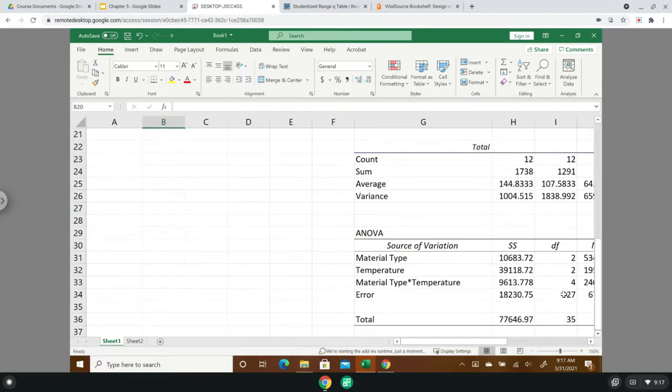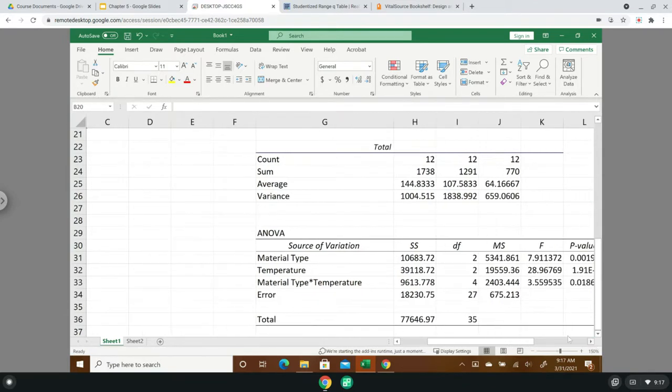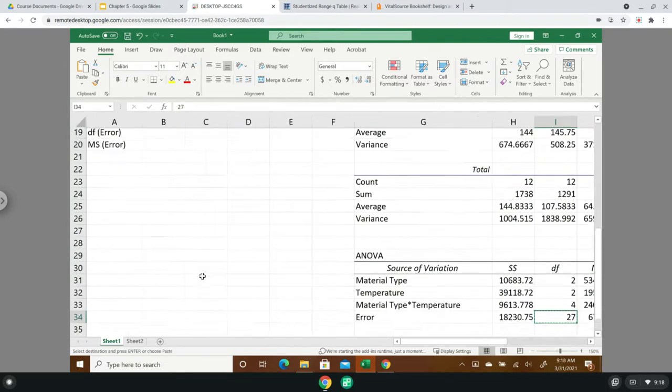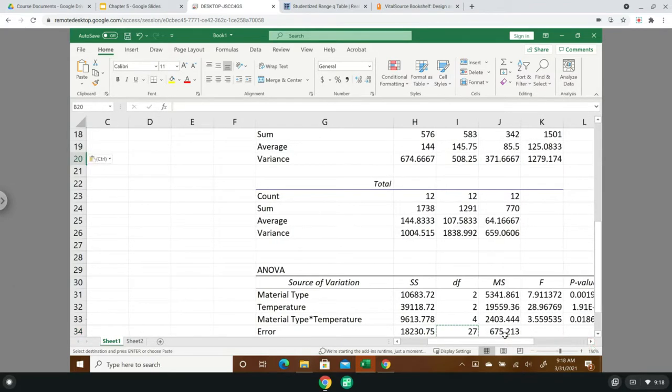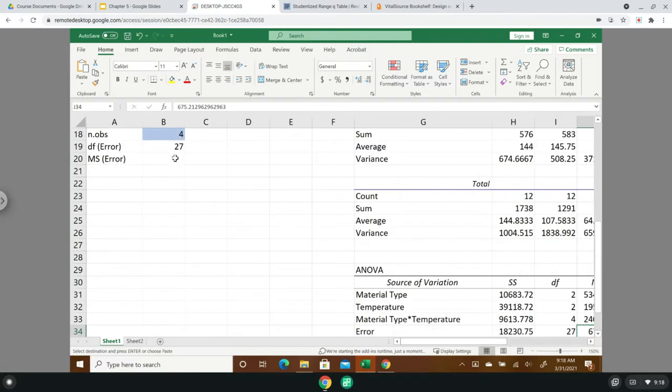That is 27. And mean square error also we can get from our ANOVA table, which is this. So I'm just going to copy 27 here and put it there. Mean square error, copy it and paste it here.